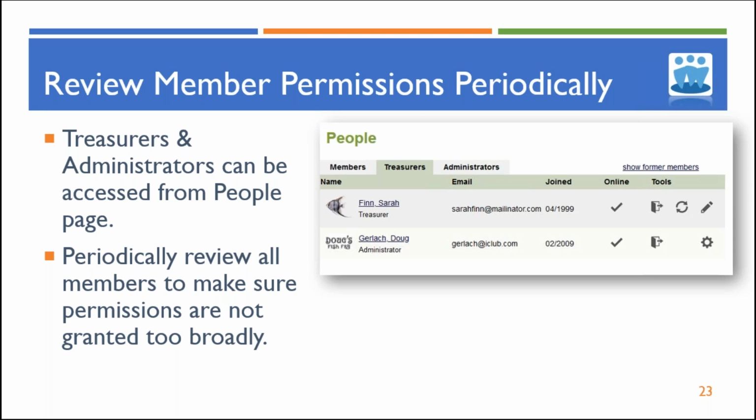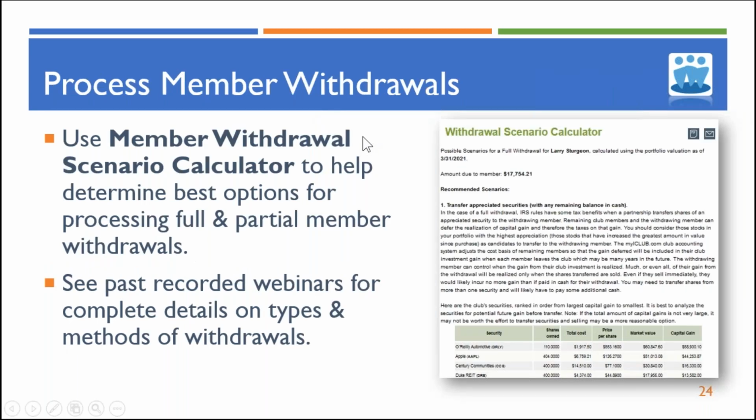And you can contact support and we can assist you if you've got a problem with an administrator, for instance, a single administrator in your club who passed away. Contact us and we can do some verification and make sure that your club gets access. So there is always a way, but we like to make sure that you are not granting permissions too broadly on the site for your members.